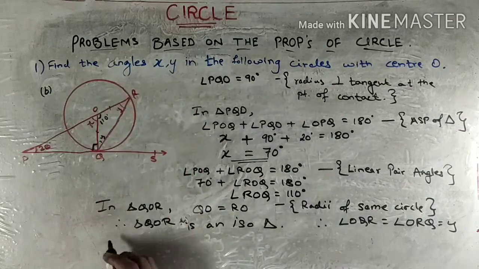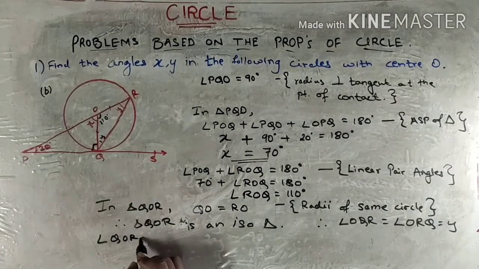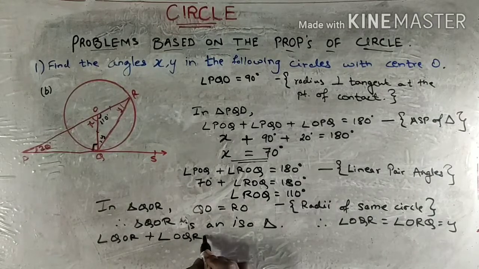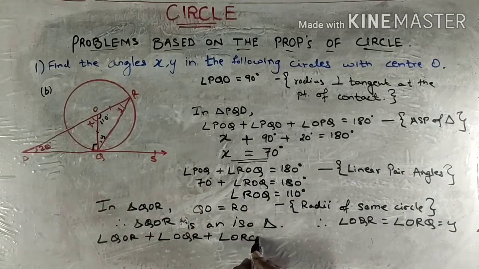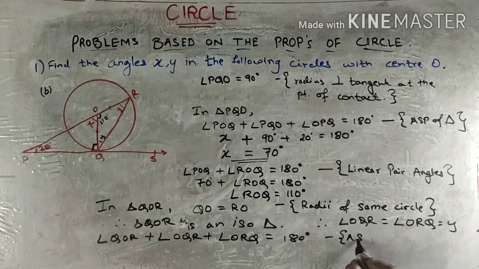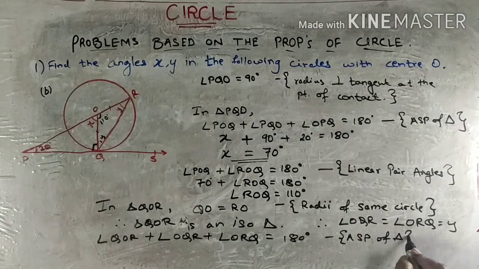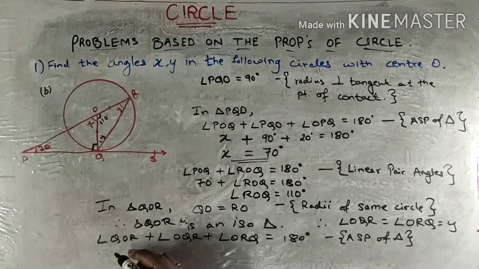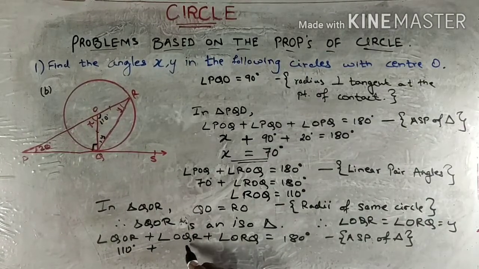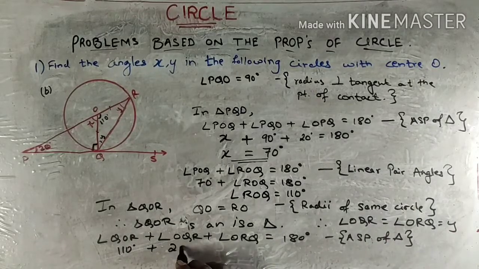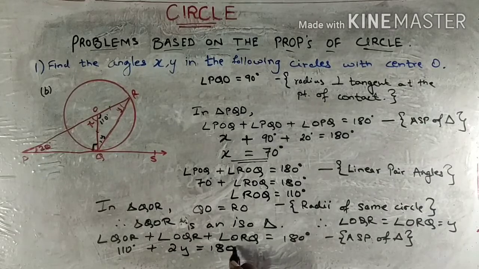Therefore, by the angle sum property of this triangle, angle QOR plus angle OQR plus angle ORQ is equal to 180 degrees. In triangle QOR we know angle QOR is 110, plus OQR and ORQ, they both are equal to Y. So Y plus Y gives me 2Y, and the total is 180 degrees.